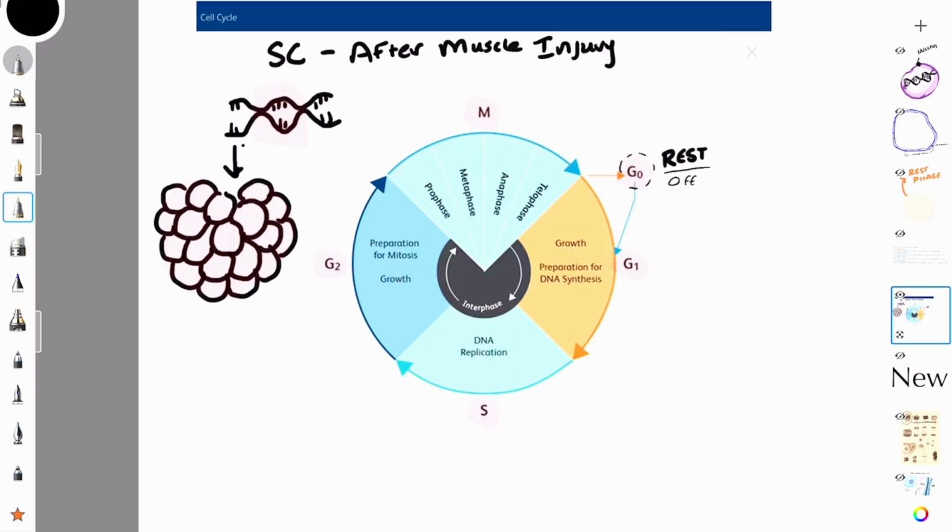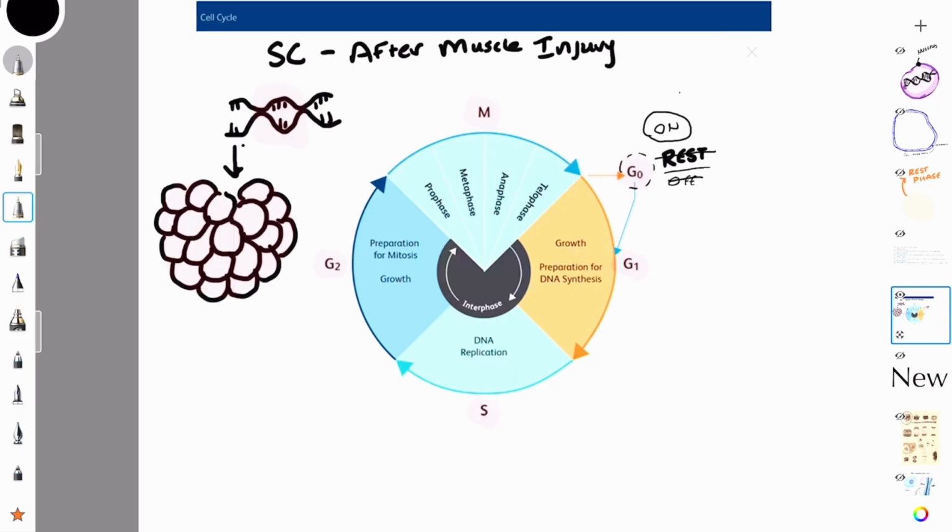Well, if the countertop that you bumped into was enough to cause a bruise, we know that bruise is the pooling of blood, which means that the tissue was damaged. That would turn the rest off, and now the cell cycle would be on.